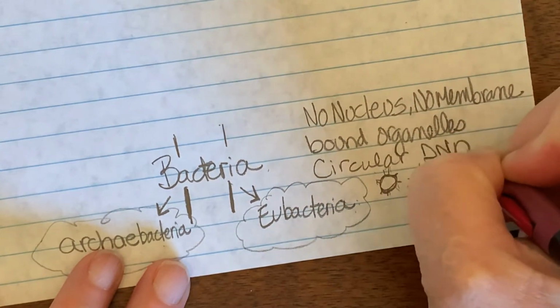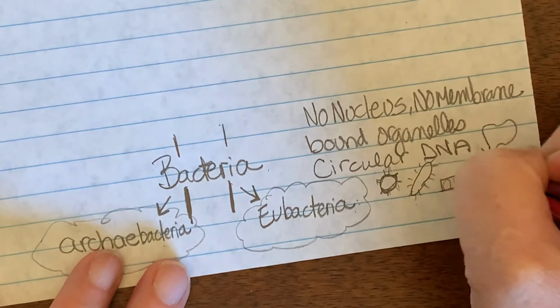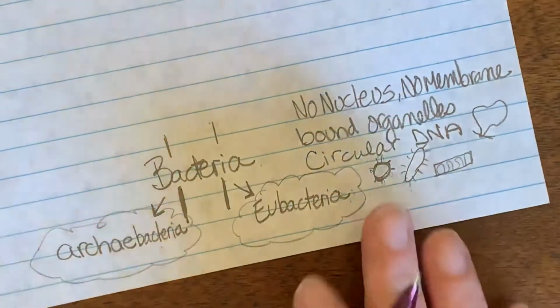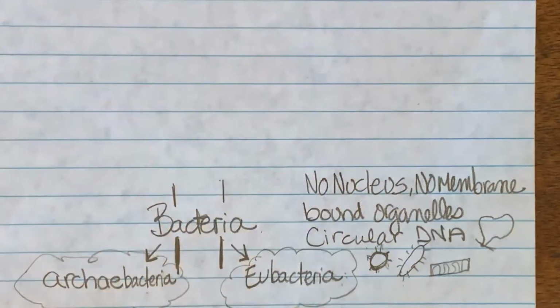All of them. So it's kind of like a rubber band that's attached to the inside of the cell membrane. And so their DNA kind of follows a different order than ours does.